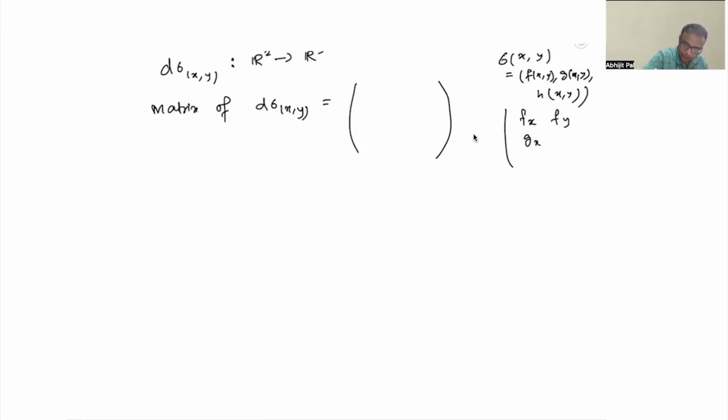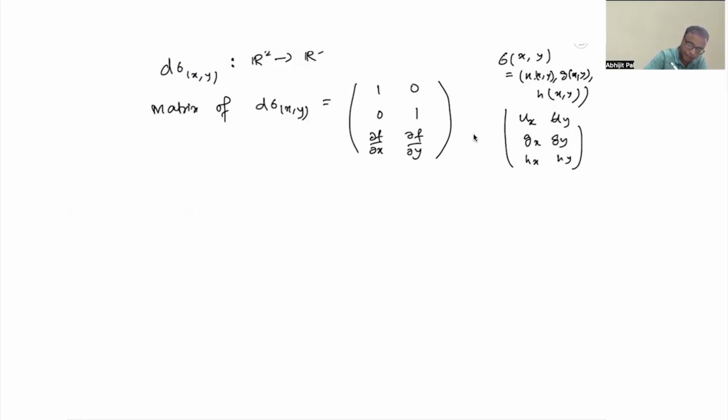This is the matrix of d sigma at the point (x, y).